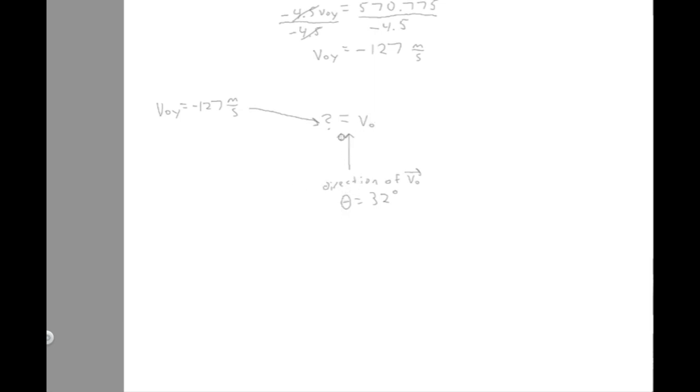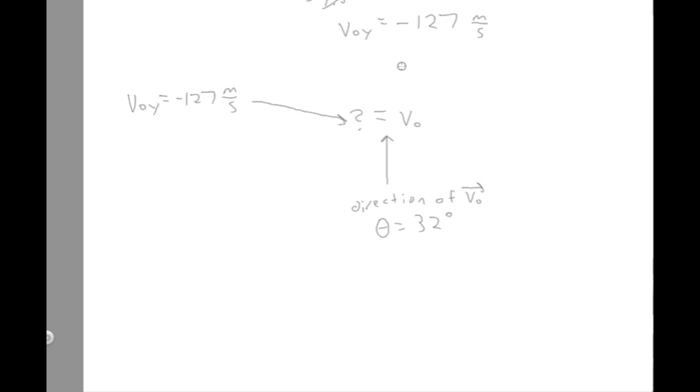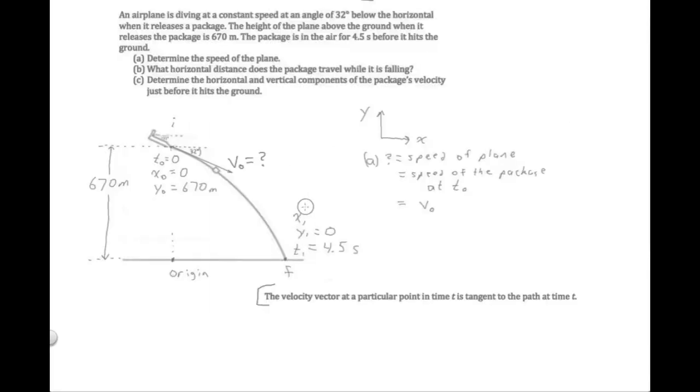Well, as usual, when we're dealing with the relationship between components and overall vectors, we need to draw a right triangle. Now, in order to use this information to figure out V naught, we're going to draw that right triangle. Remember that earlier, when we were identifying the question, we already drew the overall velocity vector at time 0 in our main sketch.